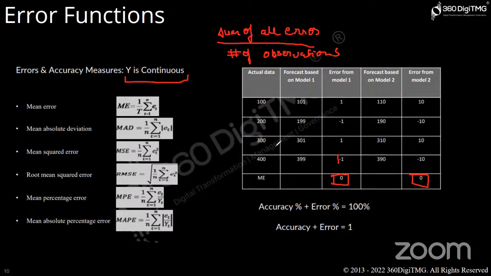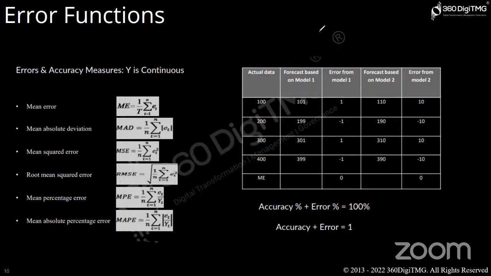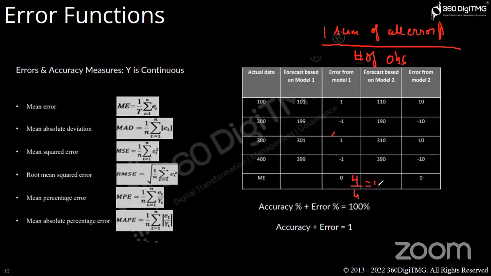So in order to check for that, we use the mean absolute error. The mean absolute error is you're taking the absolute value of all errors. So when you take absolute value of anything, the negative becomes positive. So here the mean absolute error will be 4 by 4 or 1.